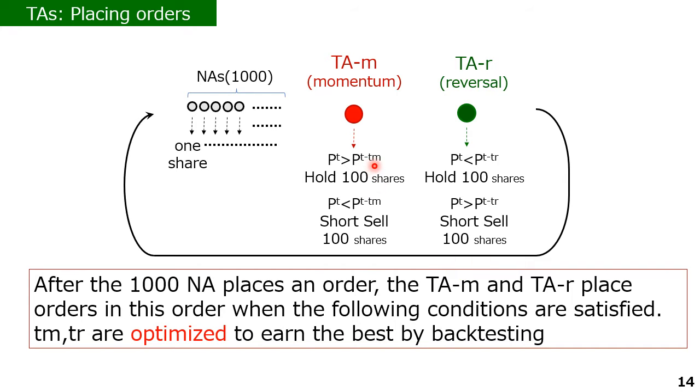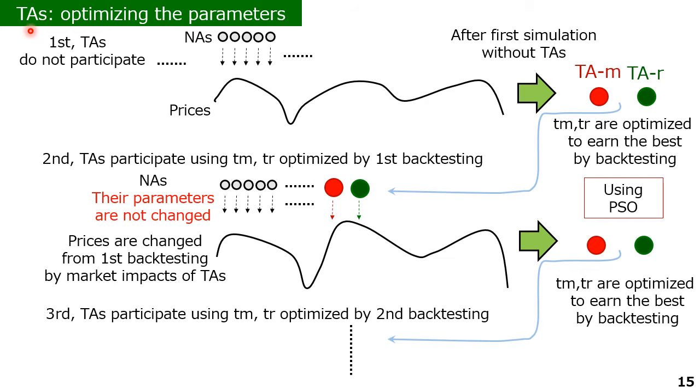And TM and TR are parameters that should be optimized to earn the best by backtesting. So these parameters are optimized by backtesting. TAs optimizing the parameters: in the first simulation run, TAs do not participate, and there are only normal agents, and the normal agents make the time evolution of market prices.